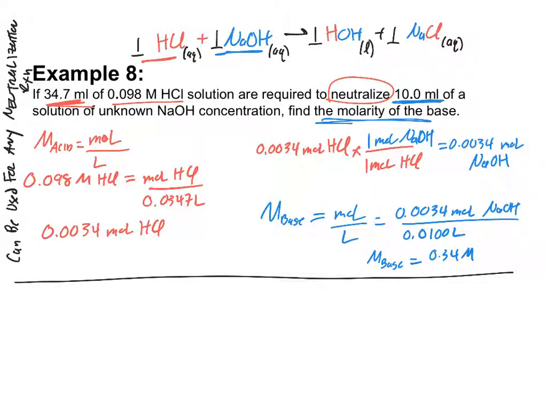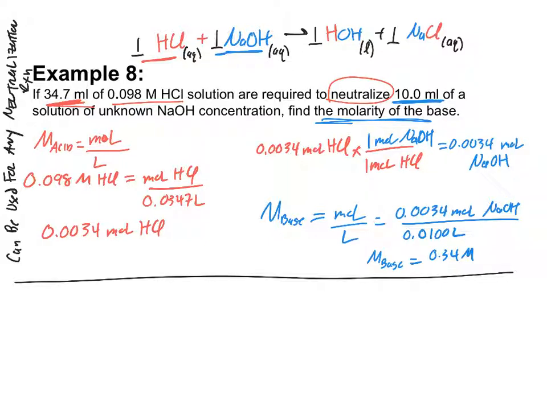Okay, but yes. Why did you use that NaOH for the molarity of the base? Why did you put the number of moles of NaOH on top? Because the formula for molarity of the base is moles divided by liters. And we calculated moles of acid, and we converted moles of acid to moles of base, right?